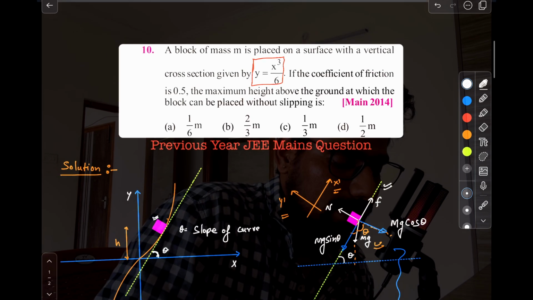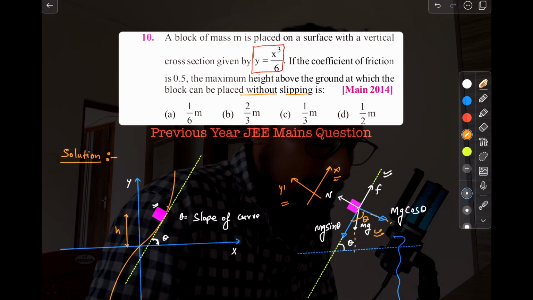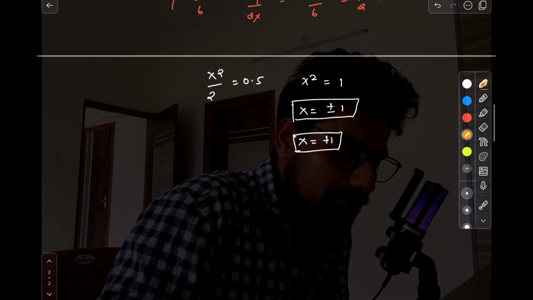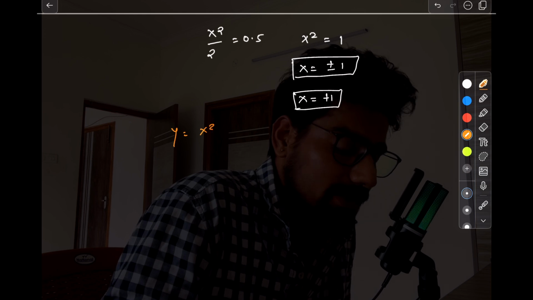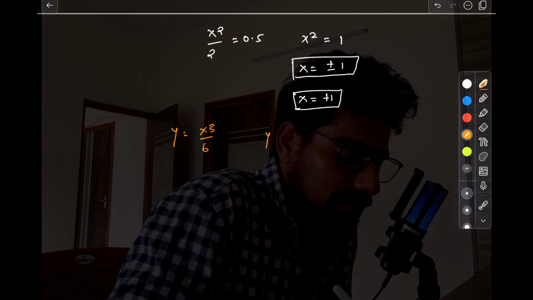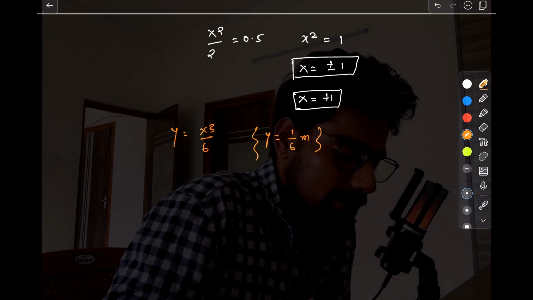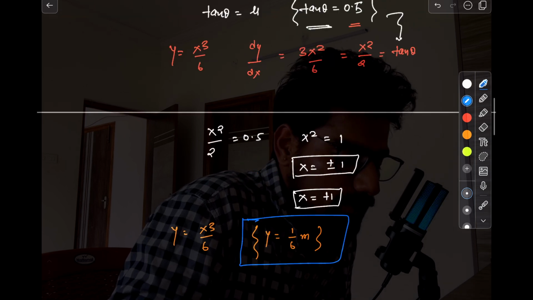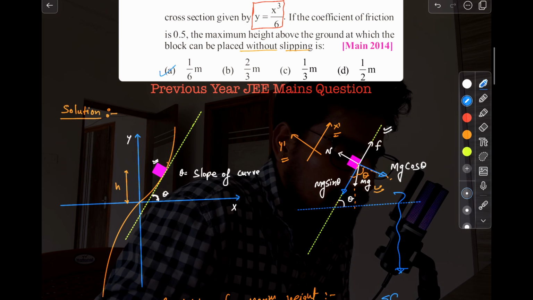But we need to give the answer as the height. So y equals x cube divided by 6, where y is the height. I know the x coordinate, so I can place it in the function and find the y coordinate, which will be the height. So the y coordinate is 1 divided by 6 meter. This is our maximum height at which it will be in equilibrium, beyond which it cannot be in equilibrium. So 1 by 6 is the answer for this question.